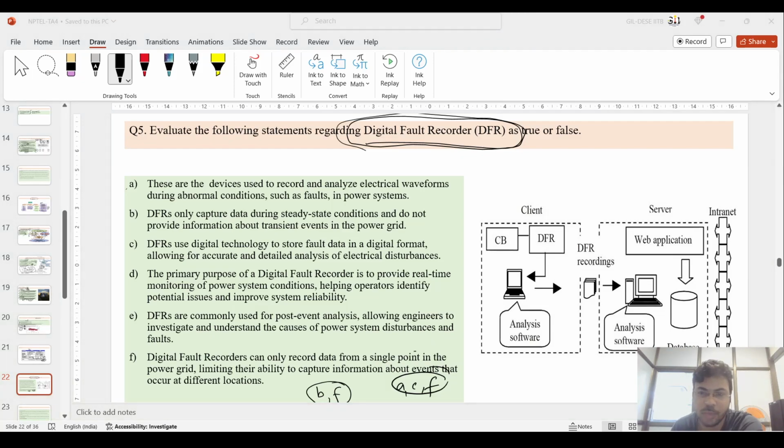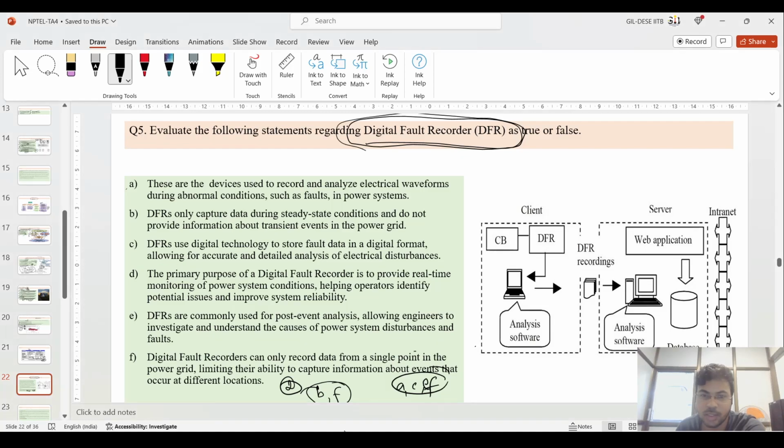You have 2 more minutes to solve. ACEF true. Read the statements carefully. Okay, ACEF. One answer I have got is ACEF, and one other answer is that BF is false. Sweta is saying BF is false.